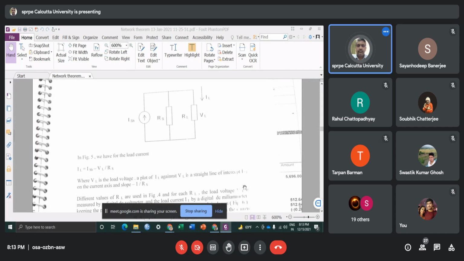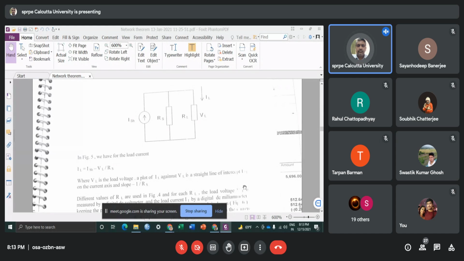If I say that y is equal to IL and x is equal to VL, then I can write it as y is equal to mx plus c, where c is the short circuit current, and the slope m is equal to minus 1 by RS, the series resistance, which is the equivalent resistance.